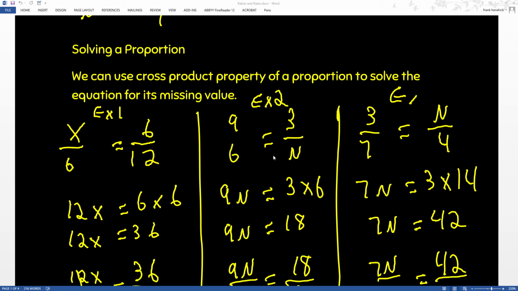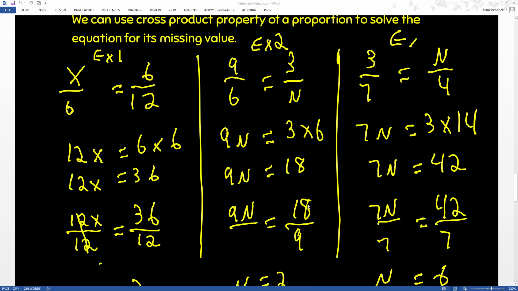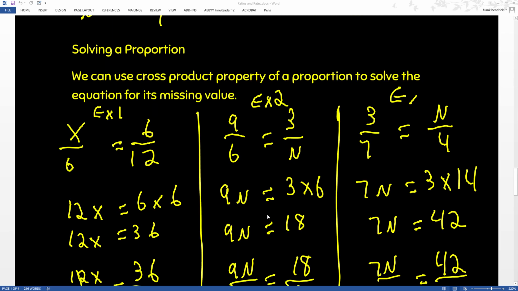This would be 3 times 6 divided by 9. You go through the same process of cross multiplying and dividing. 6 times 6 divided by 12. Cross multiply and divide.